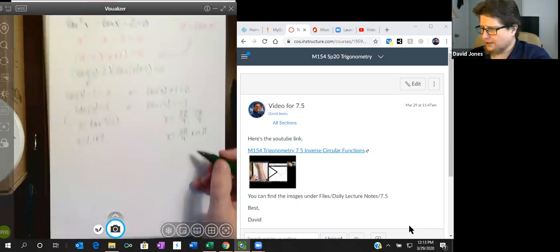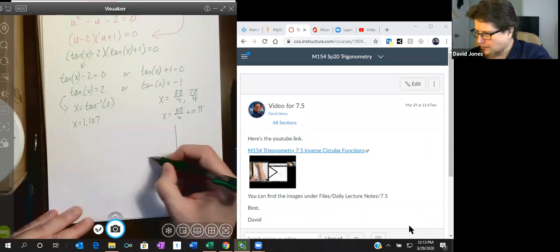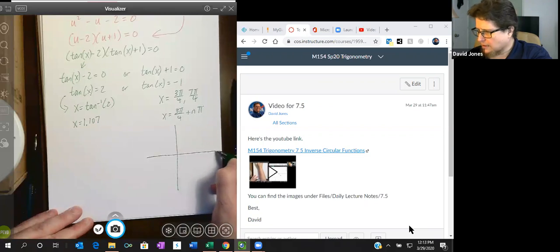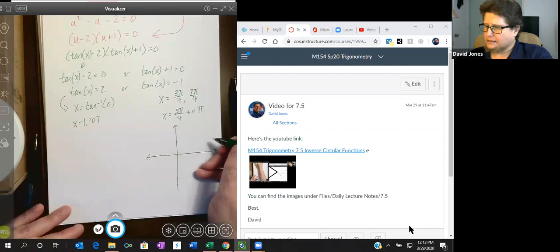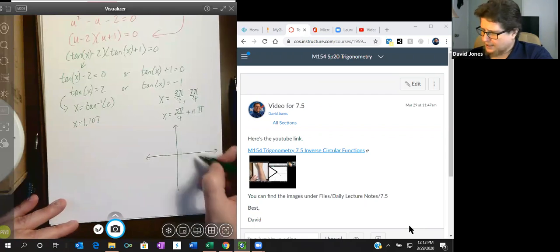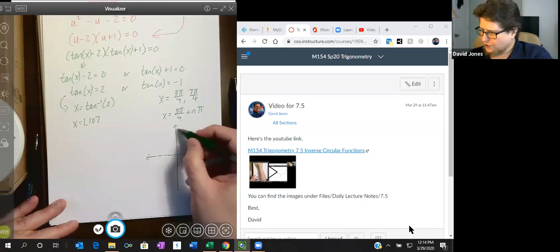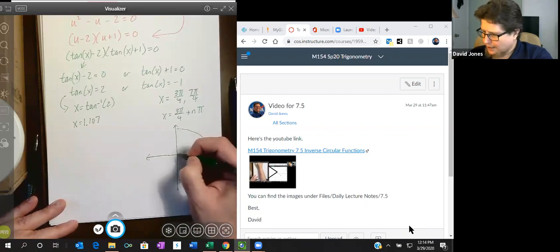And where is that going to occur? Tangent inverse goes from negative pi over 2 to pi over 2. This is a positive one. It's right there.